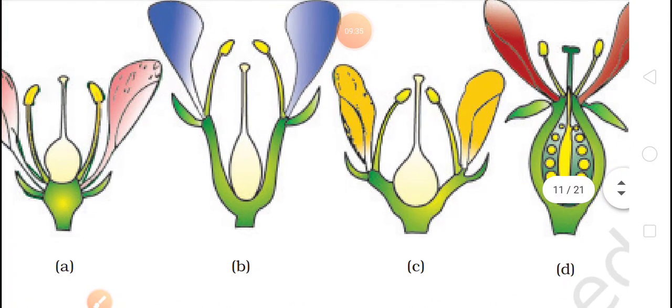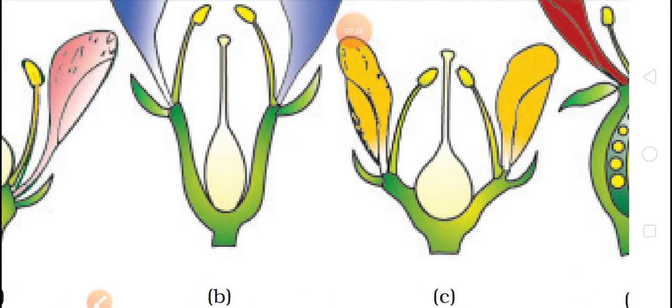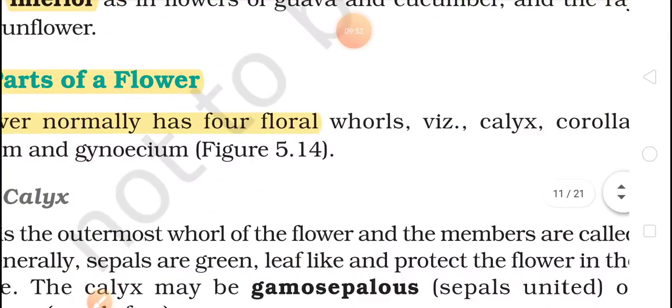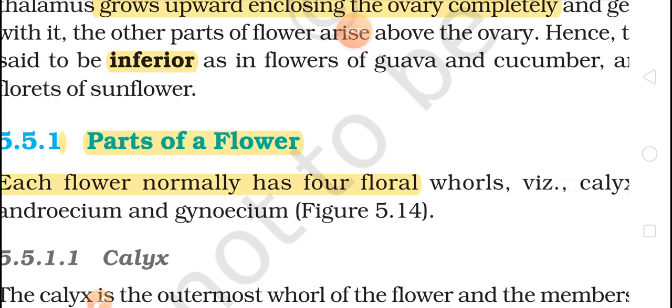So basically the ovary is completely covered up by the thalamus. This type of flower is known as epigynous. Children, the ovary in the epigynous flower is inferior, as we have seen in cucumber and guava plant.